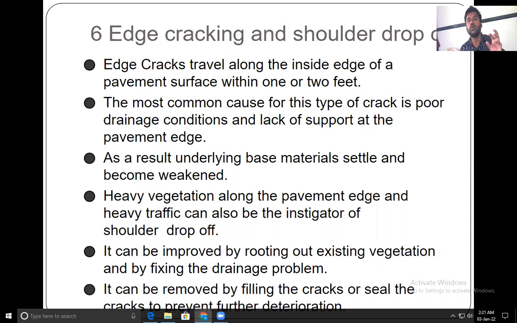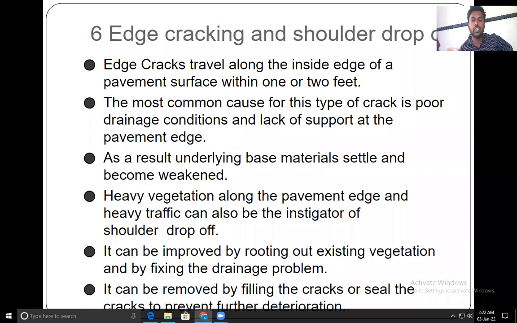If we go for proper compaction, with proper optimum moisture content whenever we are compacting, the material will not get settled. If the material will not get settled, the cracks will not develop. We also need to keep in mind that we have to compact at the maximum dry density condition. We have to achieve the maximum dry density whenever we are compacting.